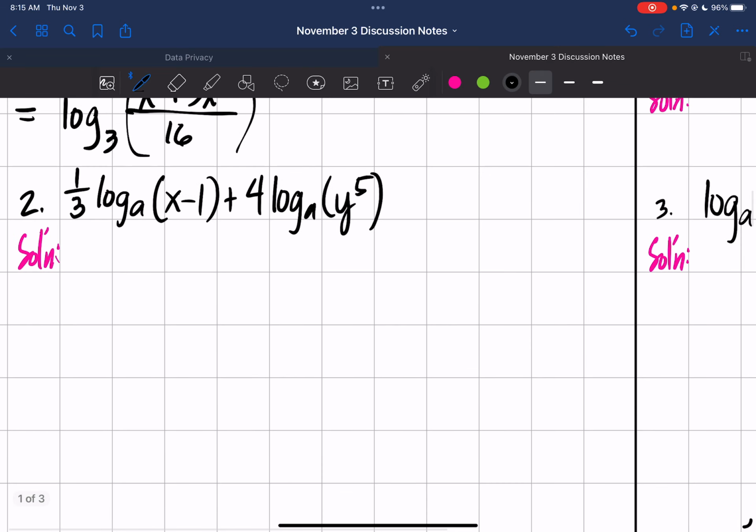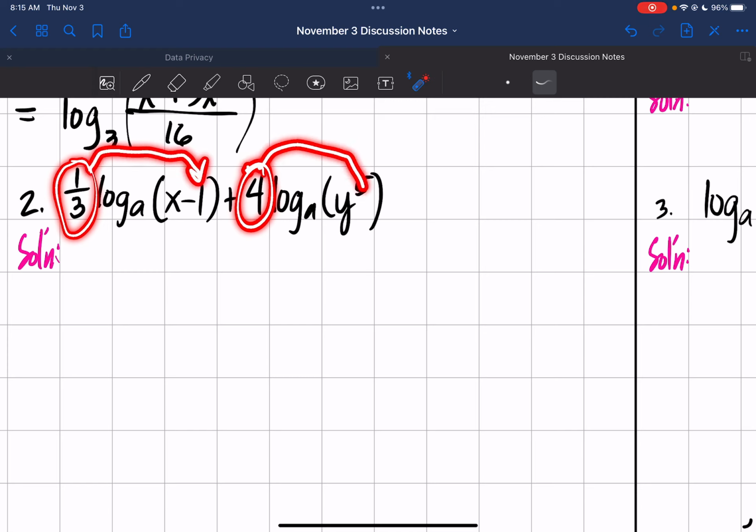So, for the second one, we have 1/3 log of x minus 1 base a plus 4 log of y raised to 5 base a. So, the first thing we need to address here is the coefficients. We have here 1/3 and 4. So, we'll use the power rule. We'll put them inside.